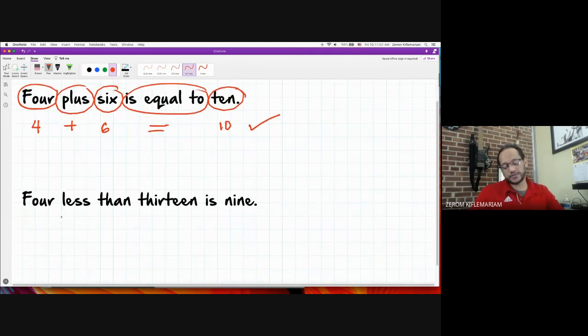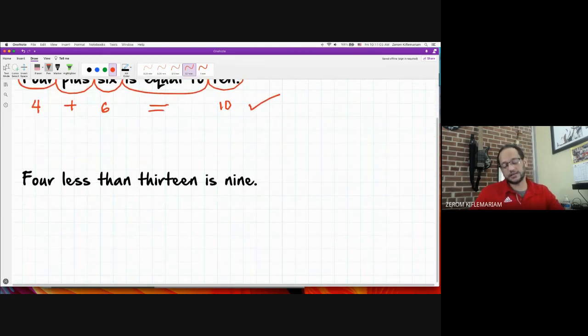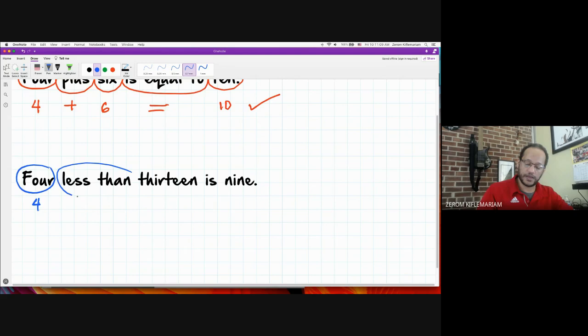The next one over here says 4 less than 13 is 9. And I know the symbol for this. I don't think anybody did the less than sign. Okay, everybody did the subtraction sign. Okay, less than, I know subtraction. 13 is 9.